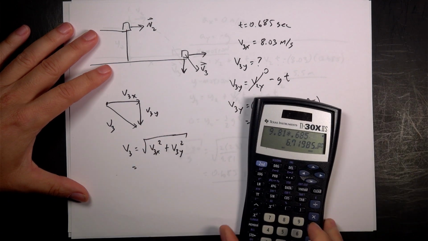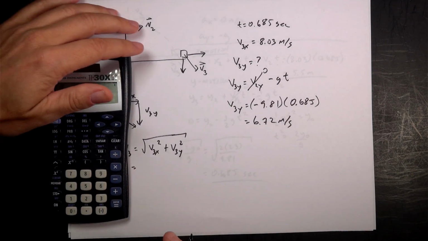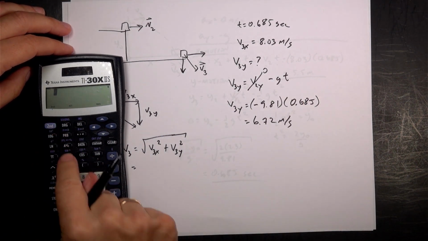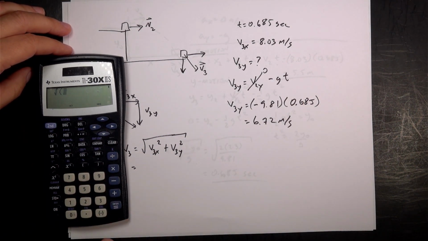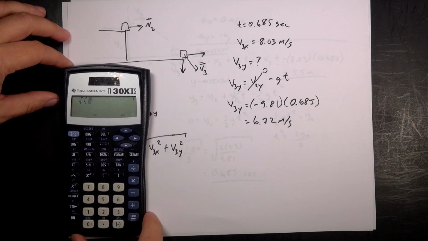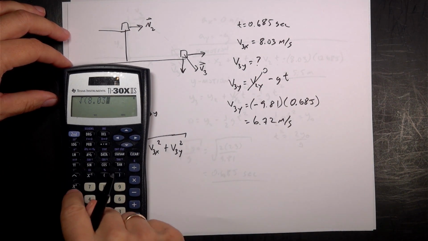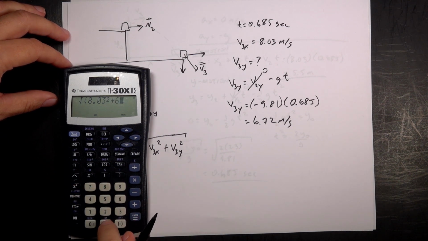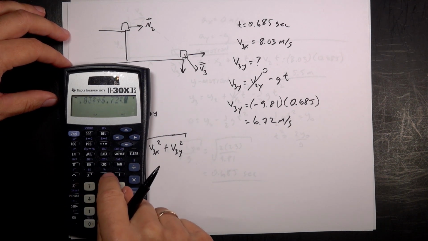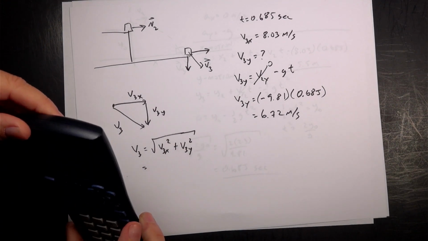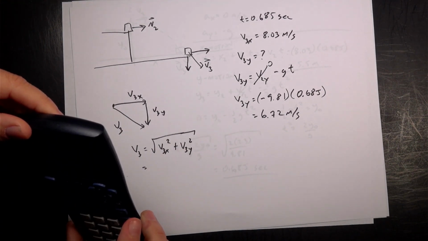So I have this squared plus that squared, square rooted. Square root, 8.03 squared plus 6.72 squared, close parentheses. And I get 10.5.